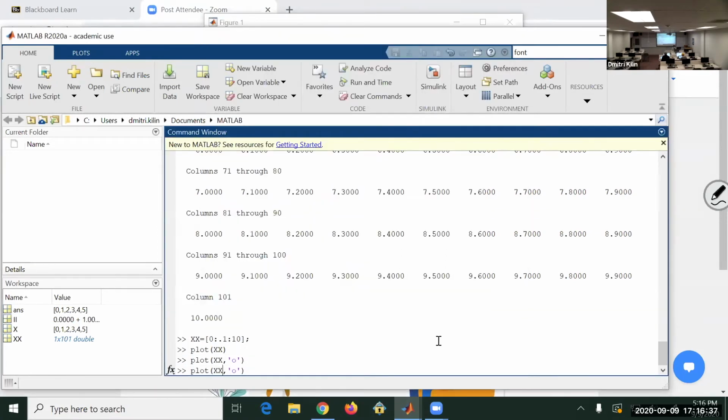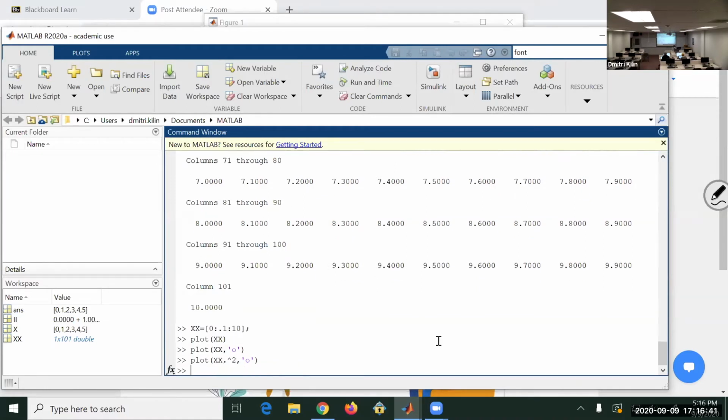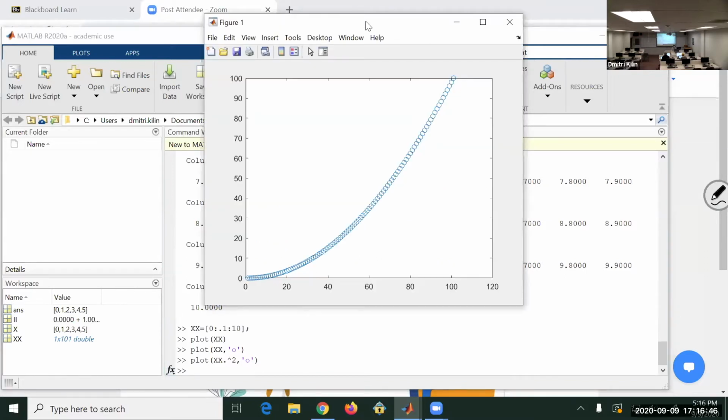And if I apply a point simplifier, then the function will be presented a little bit more continuous.